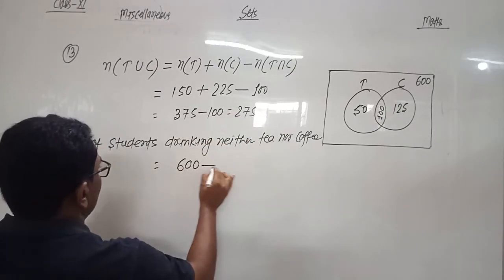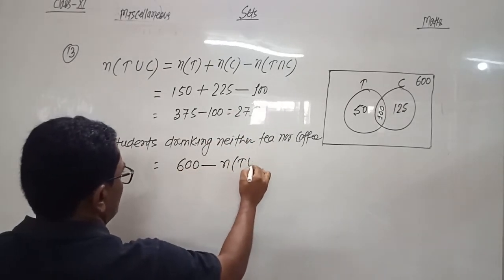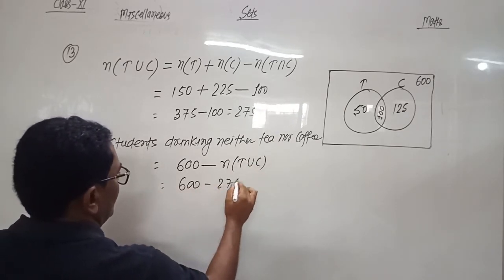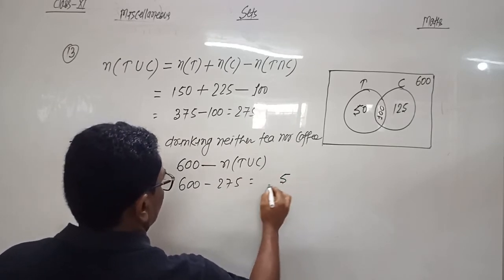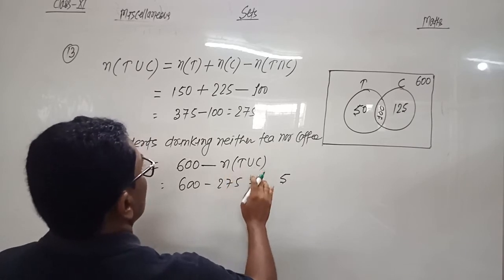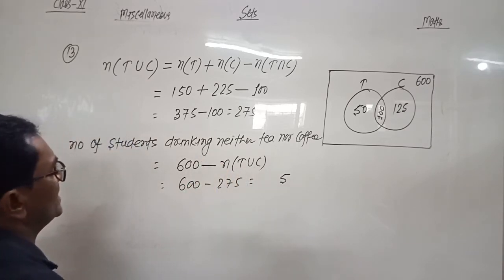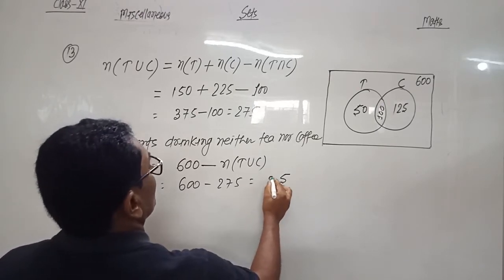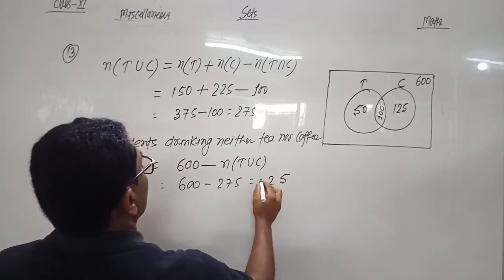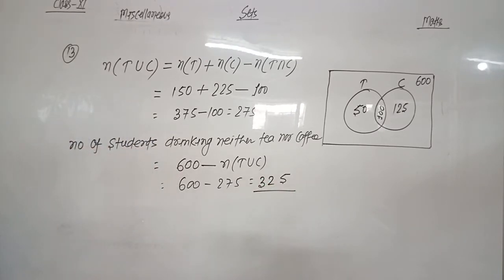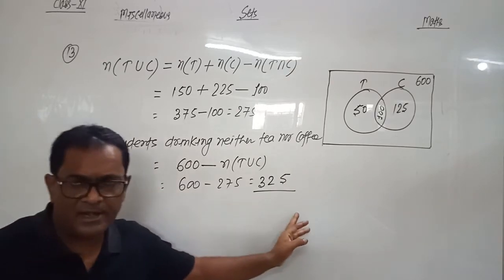So 600 minus N of T union C, so 600 minus 275. T union C is 275, and this comes to be 325. So the number of students who are taking neither tea nor coffee is 325.